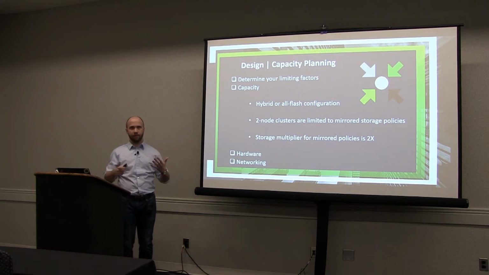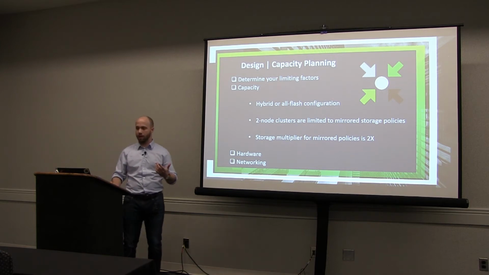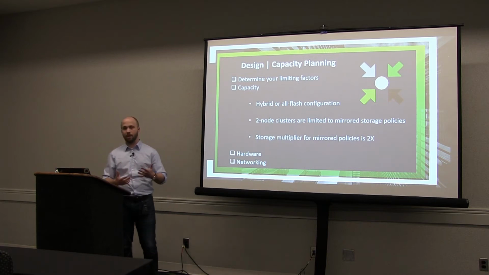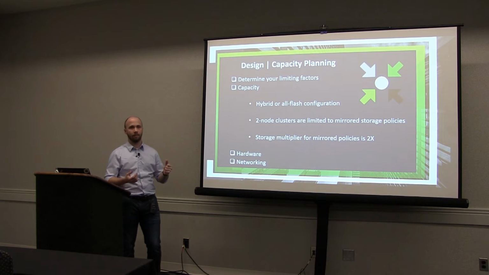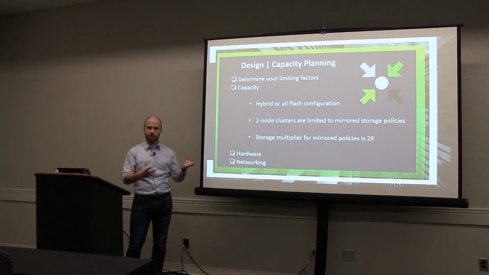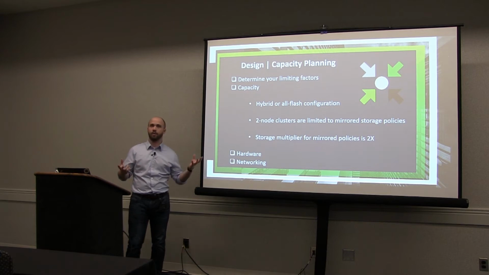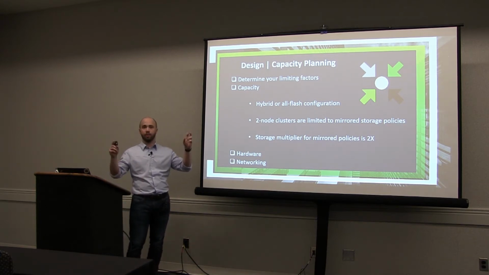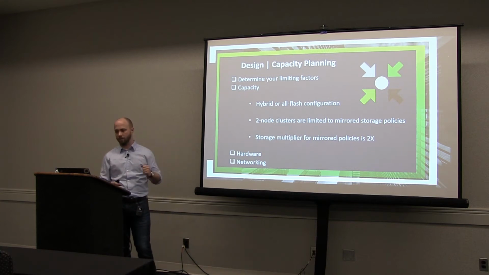Then next, you're going to plan for capacity. Whether you go hybrid or all flash, those 2 node clusters are limited to mirrored storage policies. You can optionally elect to do a RAID 0 policy with no redundancy. I wouldn't recommend that for obvious reasons. But the best that you can get is a RAID 1 or mirrored policy.